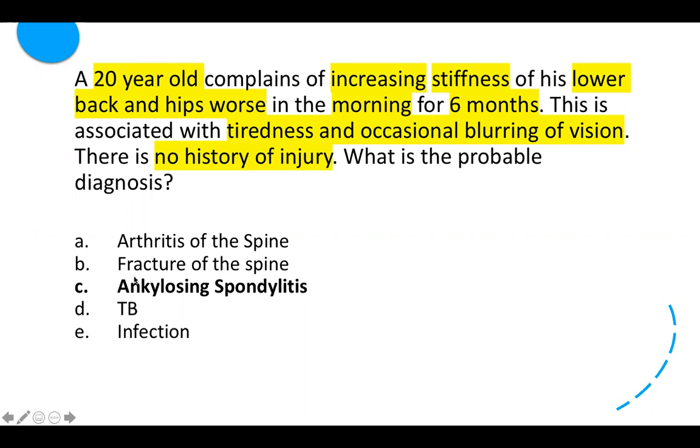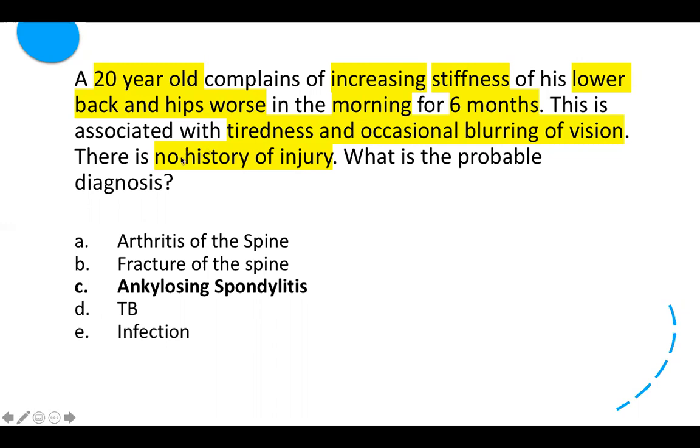So ankylosing spondylitis can have a very wide range of other symptoms apart from orthopedic MSK. They can cause eye problems like blurring, uveitis, and they can cause tiredness, weight loss, etc., and other conditions as well. No history of injury is good because then that helps us rule out a fracture of the spine.